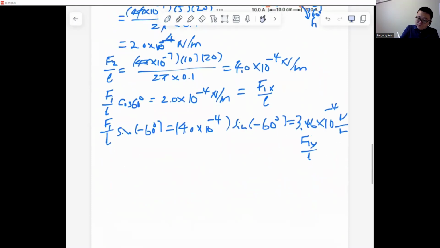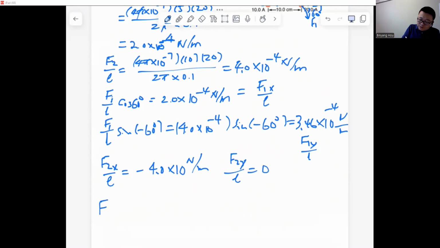Now F2x over L is going to be just that whole thing, but in the negative direction. And F2y over L is 0.